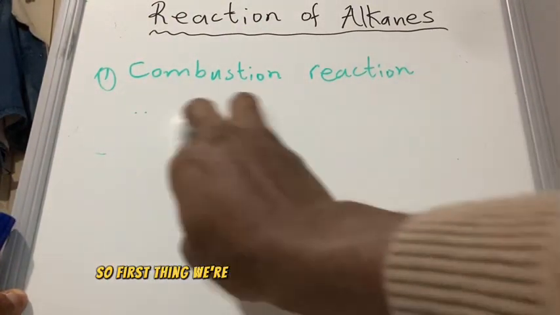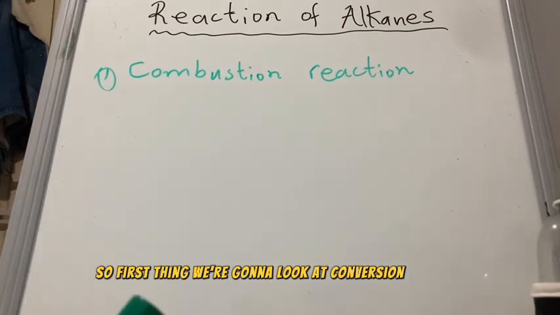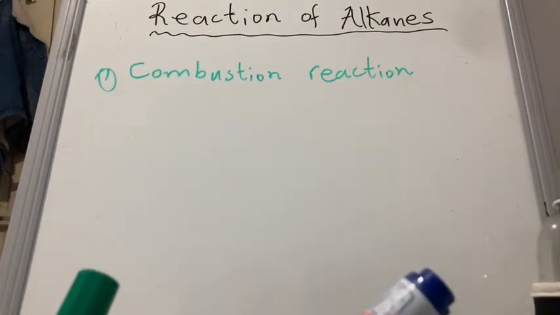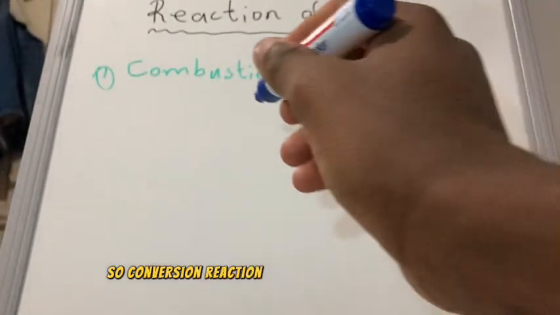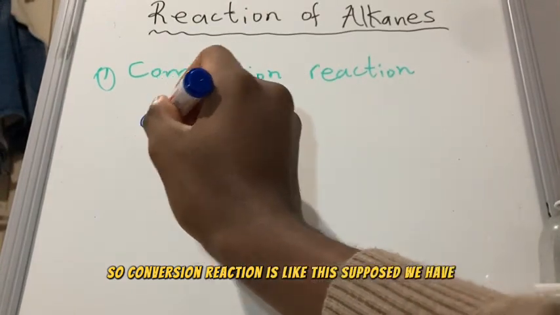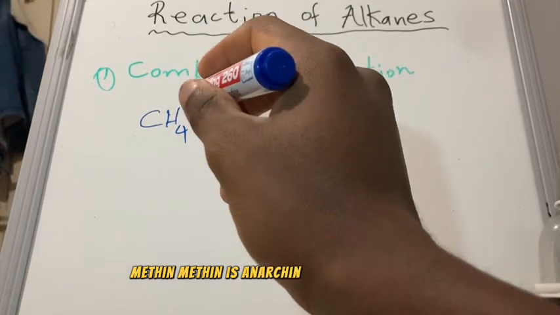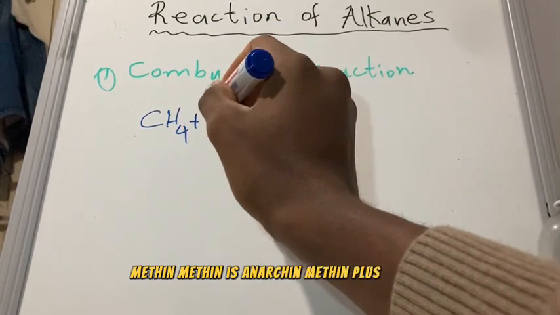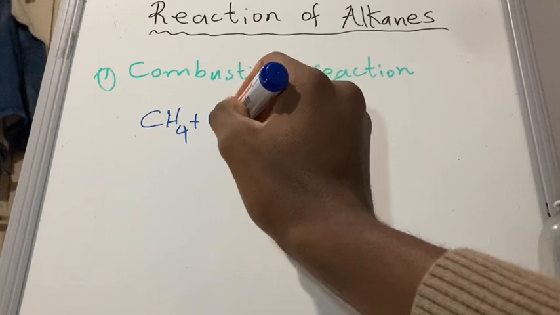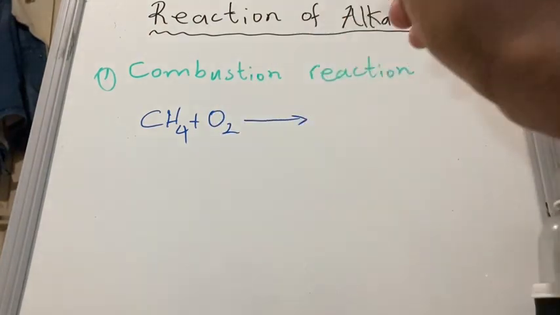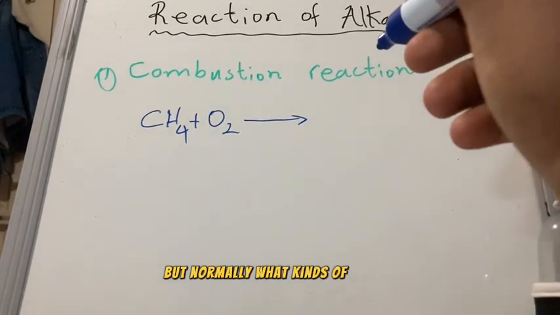First, we're going to look at combustion reaction. Combustion reaction is like this. Suppose we have methane. Methane is an alkane. Methane plus oxygen. But normally, what kind of oxygen?